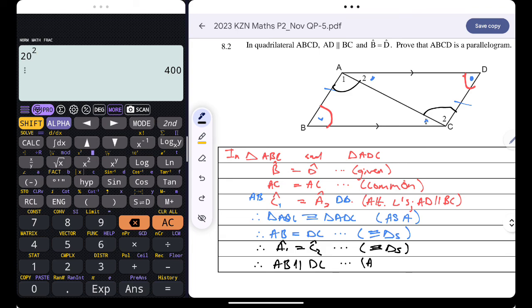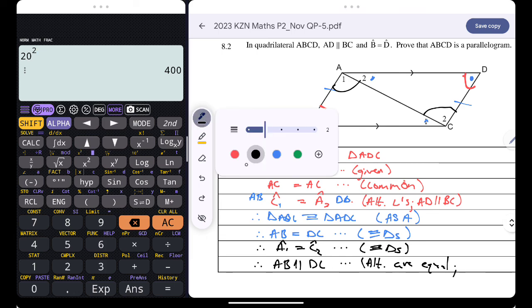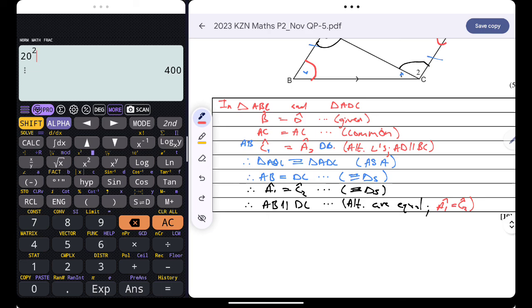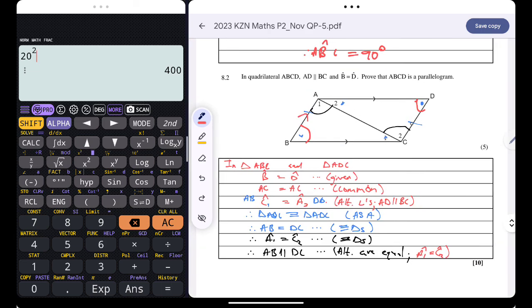Why? Because the alternating angles are equal, and those alternating angles are A1 being equal to C2. Alright, together. So now I know that the opposite sides are parallel and equal.